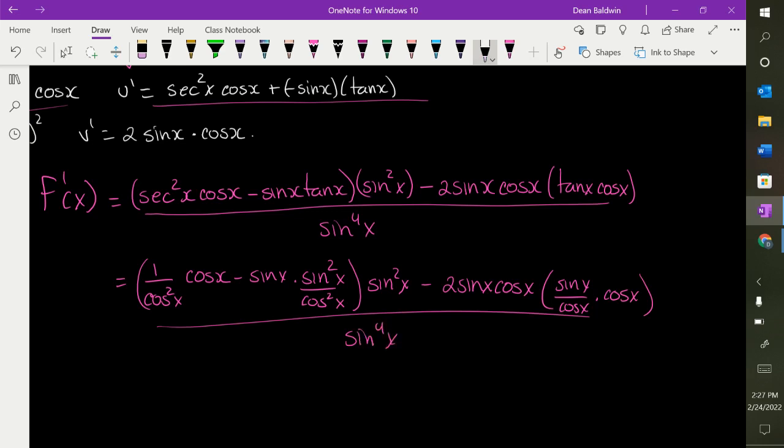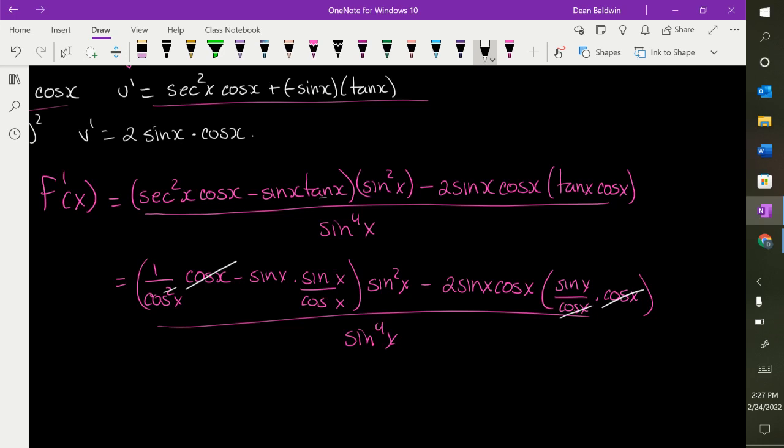All right, now you start canceling. That cosine goes away with one of those. Why did I square the tans here? It should just be sine over cos, because tan is just tan. This cosine and this cosine go away.